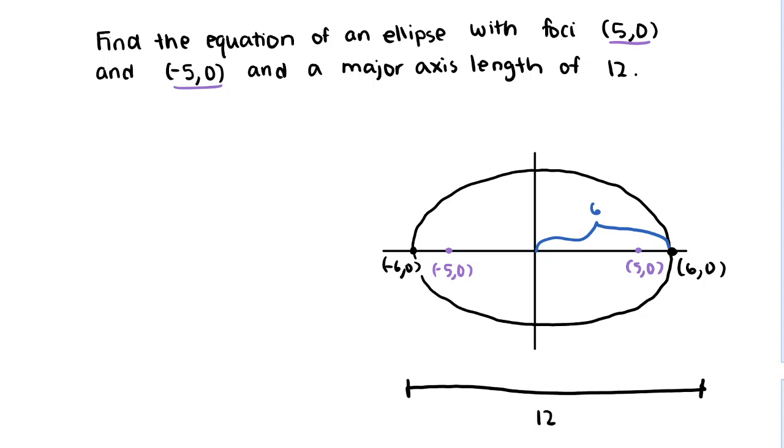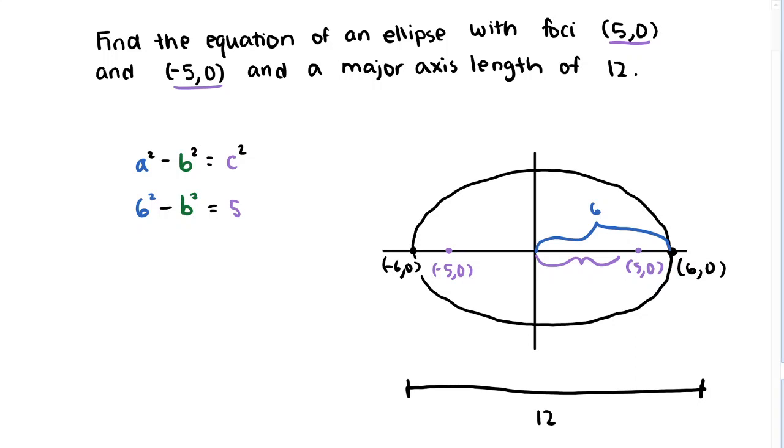And so we know that here, if we take the stretch along the major axis, in this case the horizontal stretch, a squared, and subtract away the stretch along the minor axis, in this case the vertical stretch, b squared, we should get our foci distance squared from our center. And so here, the horizontal stretch, that's 6 squared. We don't know the vertical stretch. And the foci, well, that's the distance between the center and the focus on the right, that's 5 units.